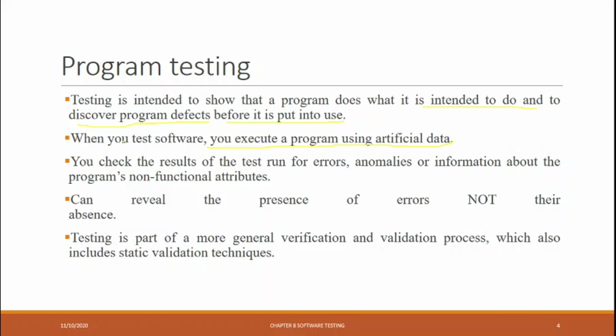So when you test, you execute the program using artificial data, not the actual data. This is what is important. We call this black box testing also. We have two types of testing: black box and white box.